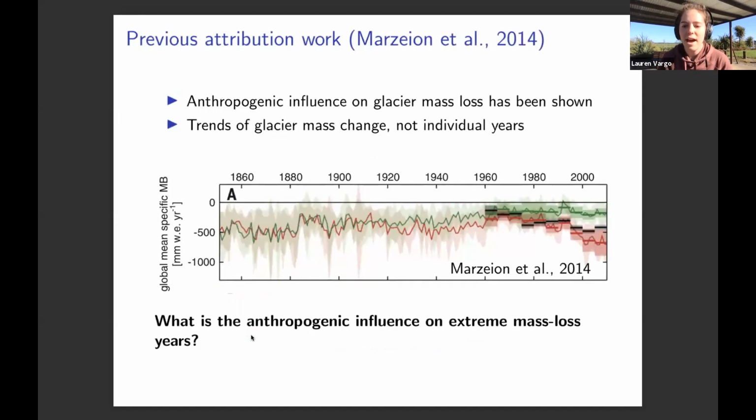The one study that has done this work before, that has shown a link, is the paper by Ben Marzeion and others, where they showed that anthropogenic influence is influencing glacier mass loss around the world. And that's what this plot from the paper is showing. We're looking at glacier mass balance modeled with the green line, which shows climate without any human contributions to greenhouse gases.